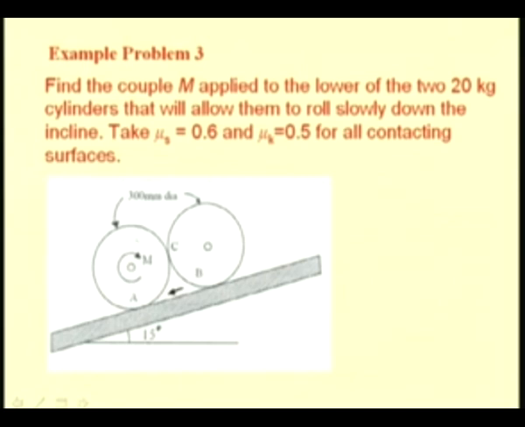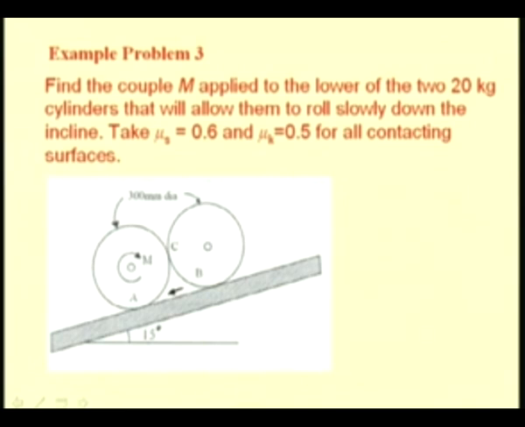Since these cylinders are rolling without slipping at these points A and B, the frictional forces that are developed at these contact points are less than the limiting value. But when these two cylinders roll down, the point C has to have a relative motion.